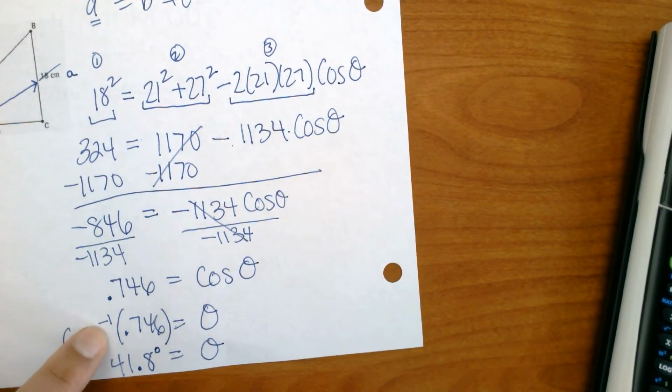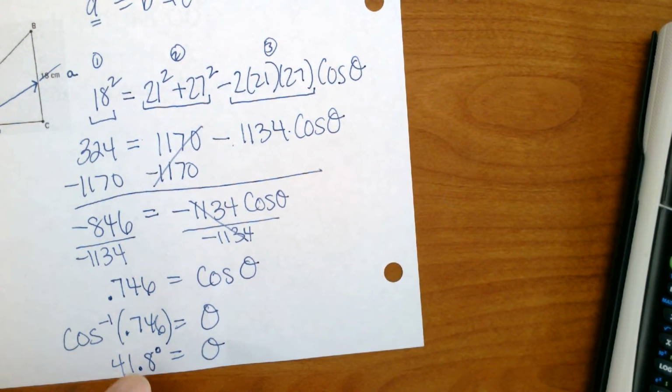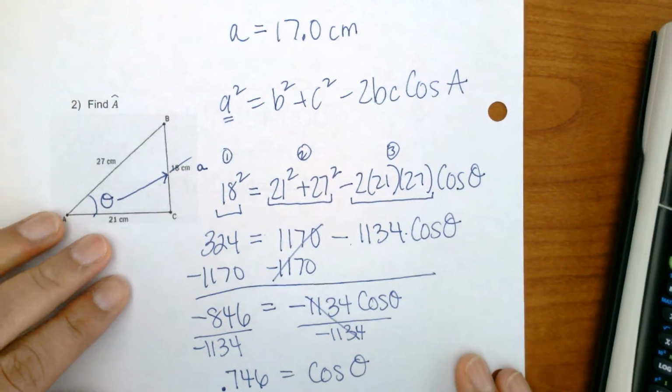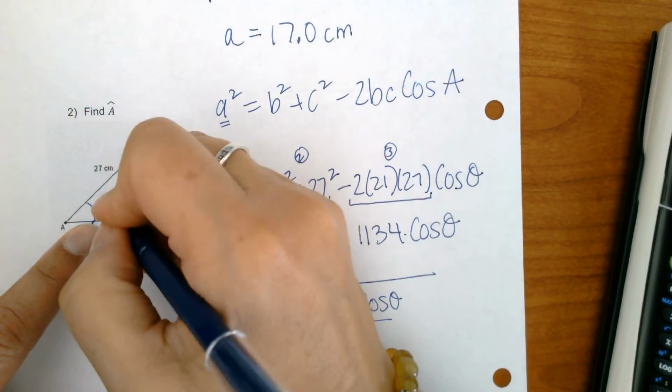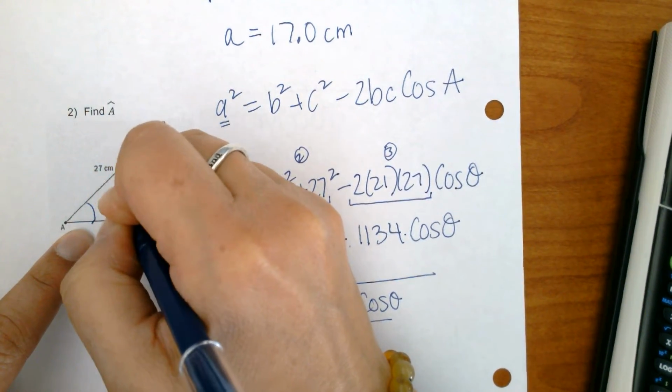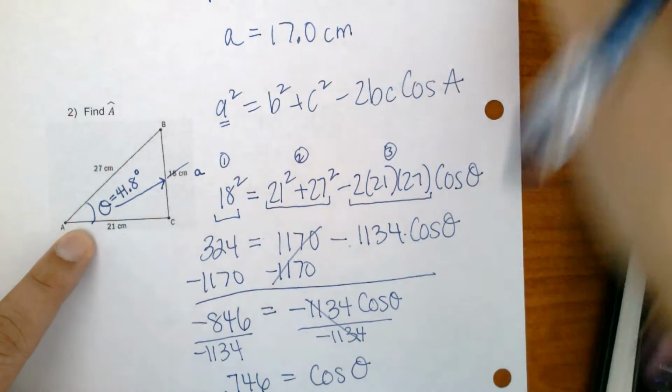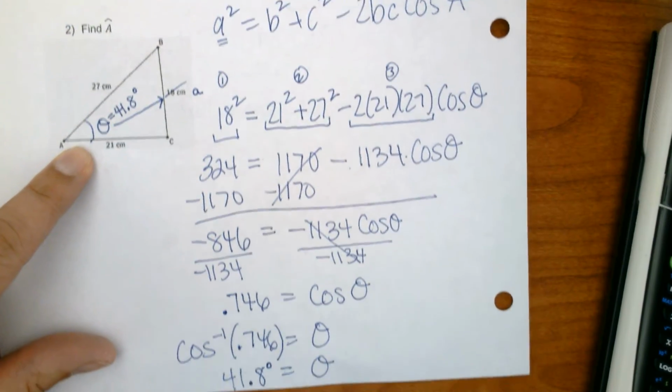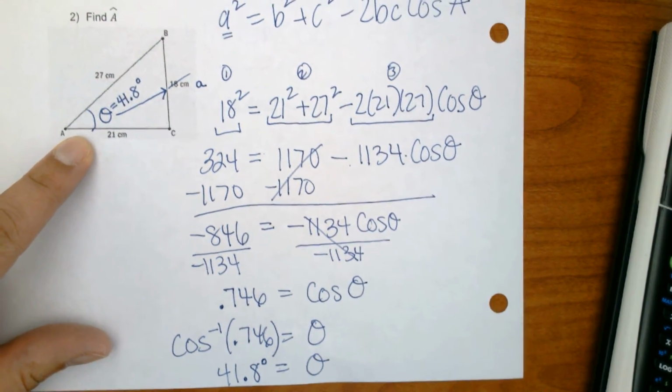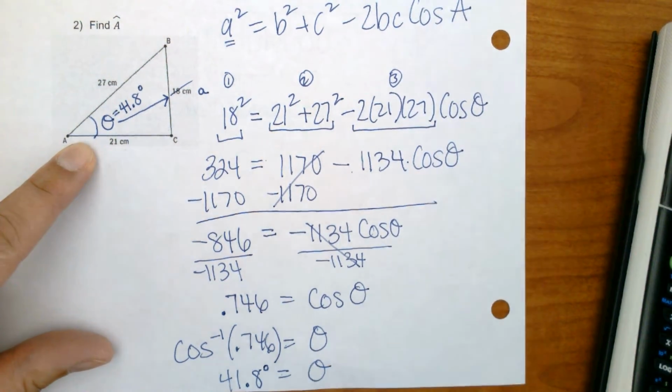Because I did the inverse, it's now an angle measurement. So if we go back to our triangle, this angle measurement is 41.8 degrees. It's inside the triangle. And let me just show you all my work here. Inside the triangle.